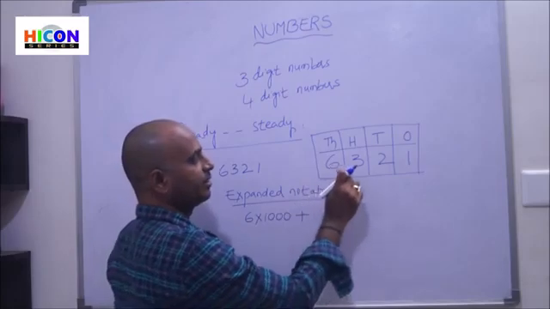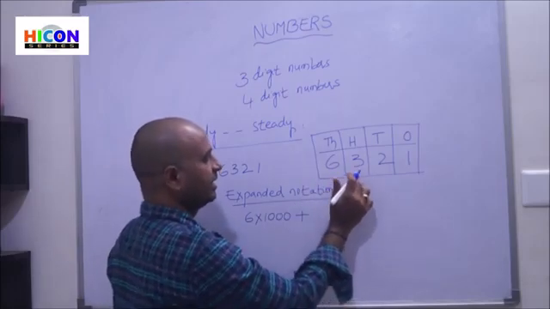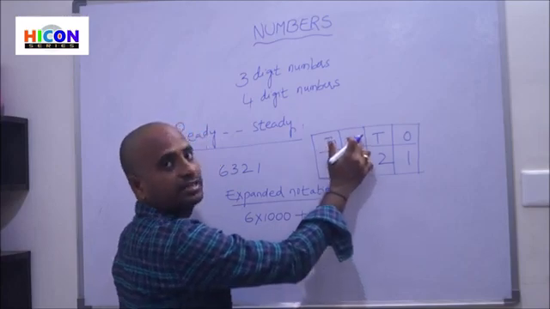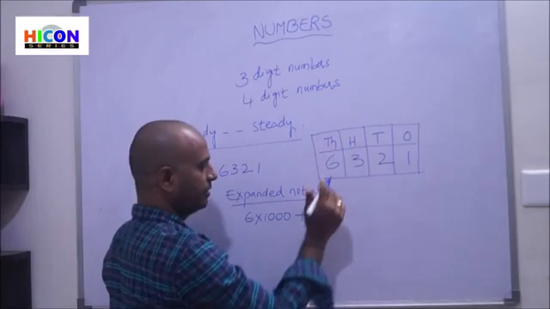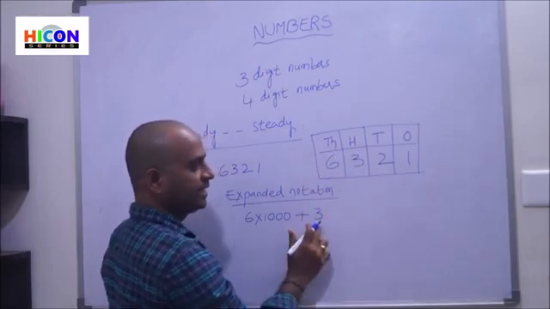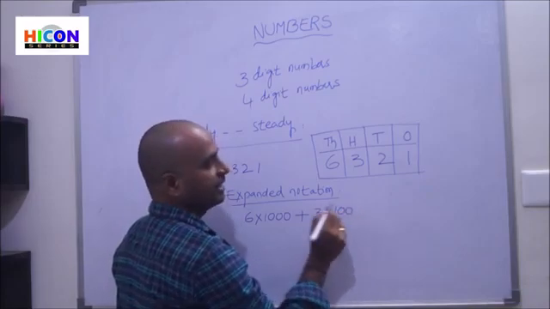The next digit is 3, which is in the hundreds place, so multiply 3 with 100.